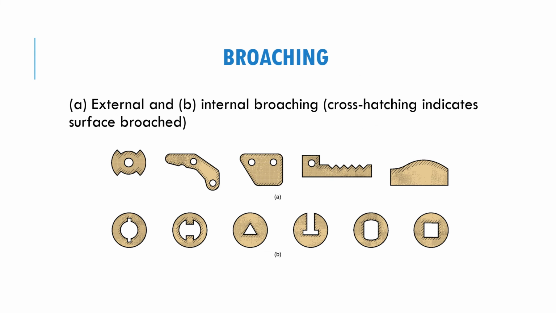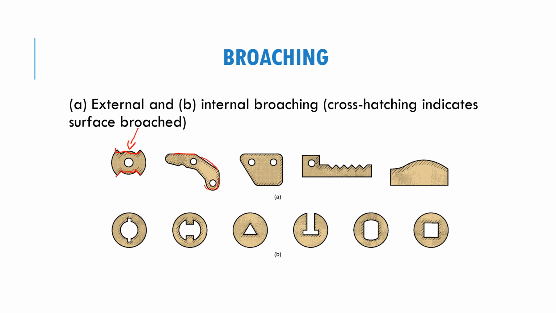As I've mentioned previously, there are two types of broaching. One is external and one is internal. The crosshatch indicates the surface broach. So this is an example of external, meaning the broaching happens at the outside part of the work material. This is the part that is being broached.